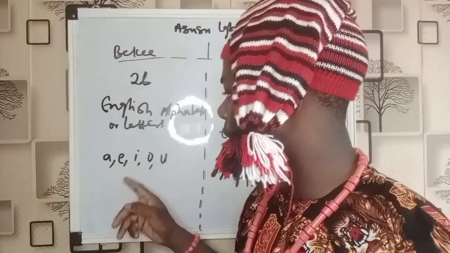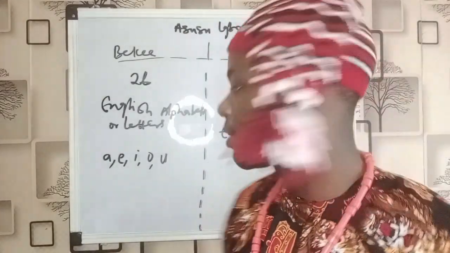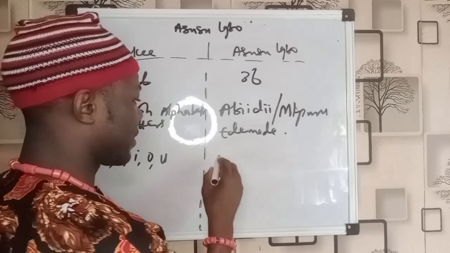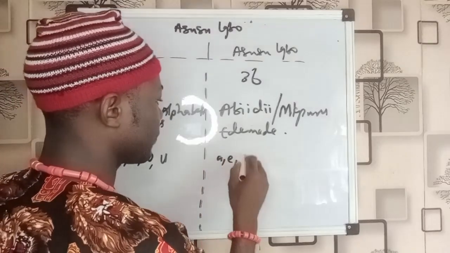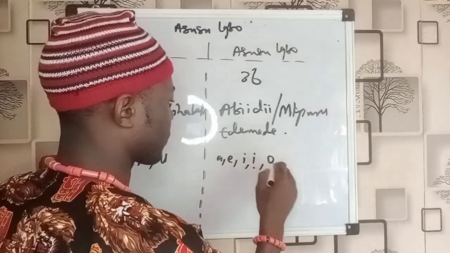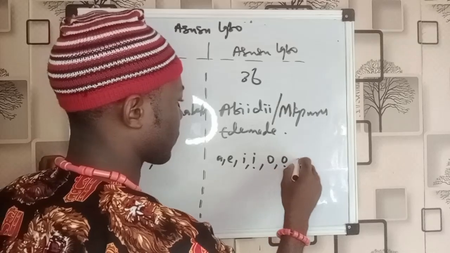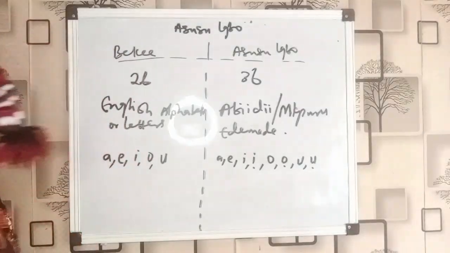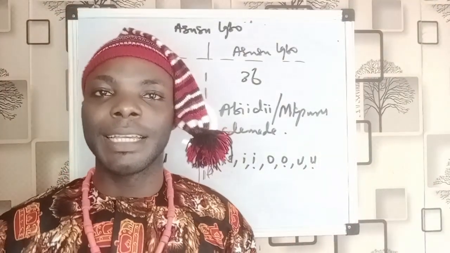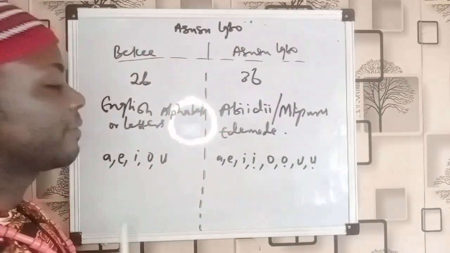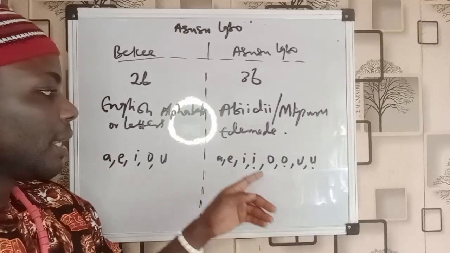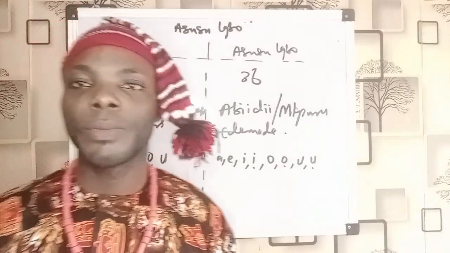There are just 1, 2, 3, 4, 5. But in Igbo, you have 8 vowel letters. 5 in English: A, E, I, O, and U. And then 8 in Asusu Igbo.